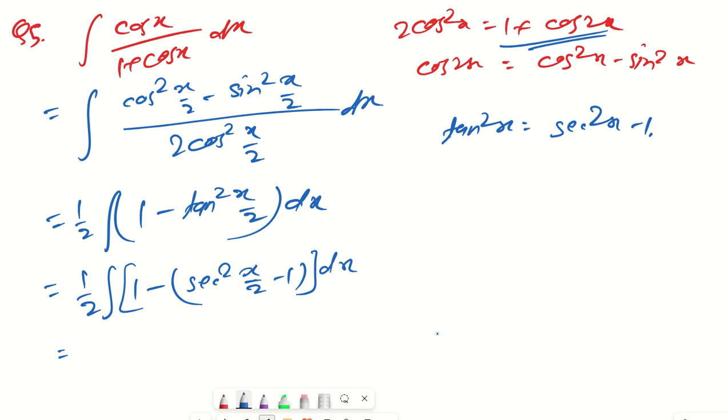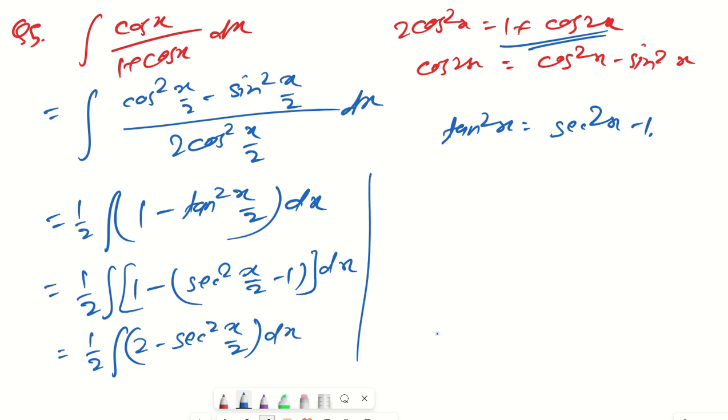So we can do 1 by 2 integration of 2 minus sec square x by 2 dx. Now if we solve this, we get 1 by 2 into 2x minus sec square x, whose integration is tan x, so it will become tan x by 2 divided by 1 by 2, because 1 by 2 is the constant here, right?